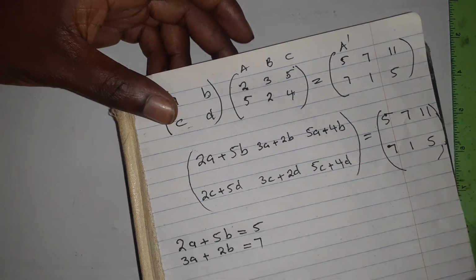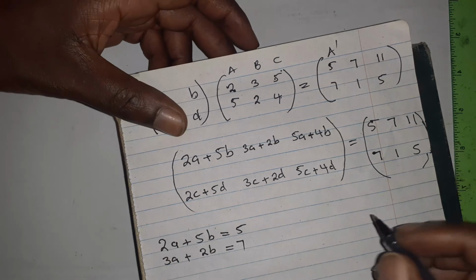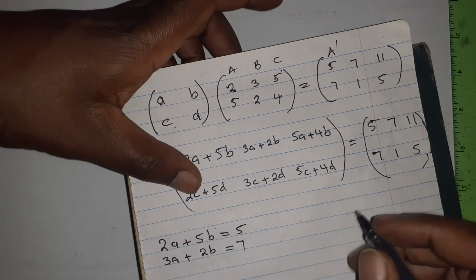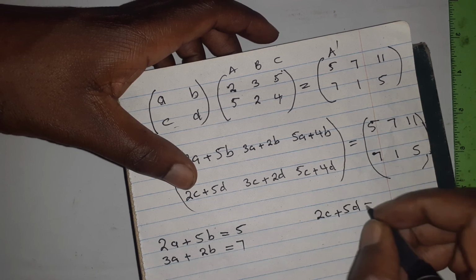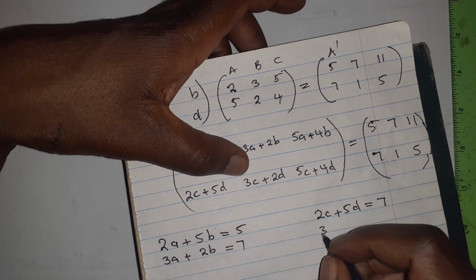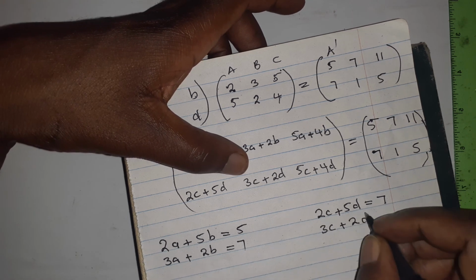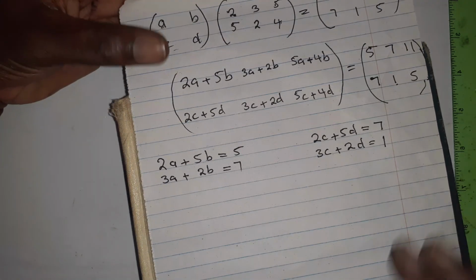Also for C and D, you do the same thing. So we can say 2C plus 5D is equal to 7. Then here we can say 3C plus 2D is equal to 1. Then we solve these simultaneously.